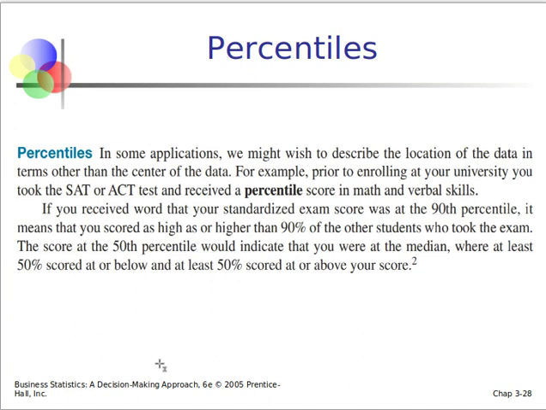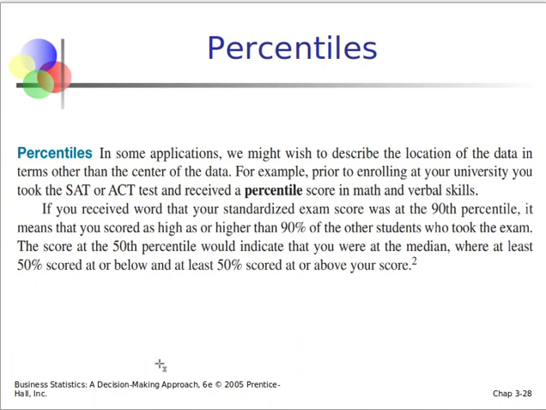Now, you might be wondering, what are percentiles? In some applications, we might wish to describe the location of the data in terms other than the center of the data. For example, prior to enrolling at your university, you took, let's say this is in the US, the SAT or ACT test, and received a percentile score in math and verbal skills.